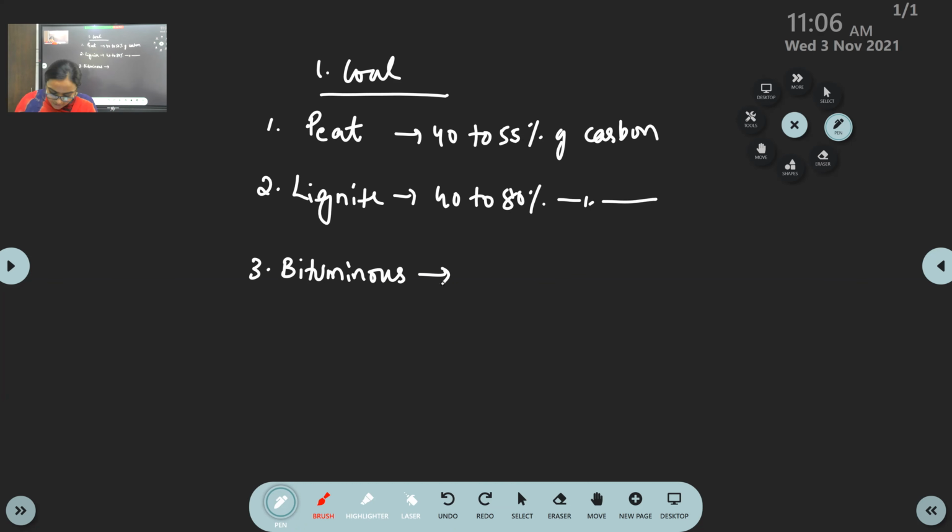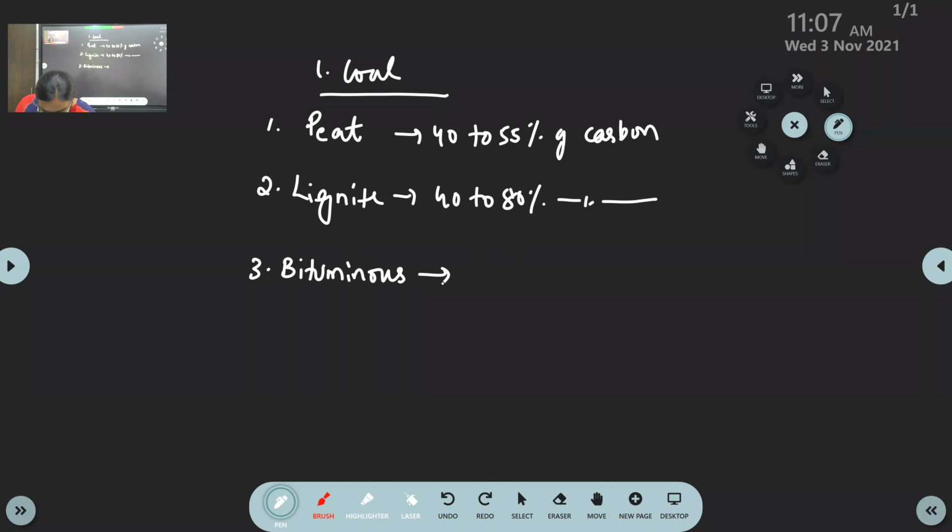Calorific value is high. What do you mean by calorific value? Amount of energy generated, right? When you burn 1 gram of coal, how much energy does it generate? That is known as calorific value. If it gives more heat, it is efficient, right?